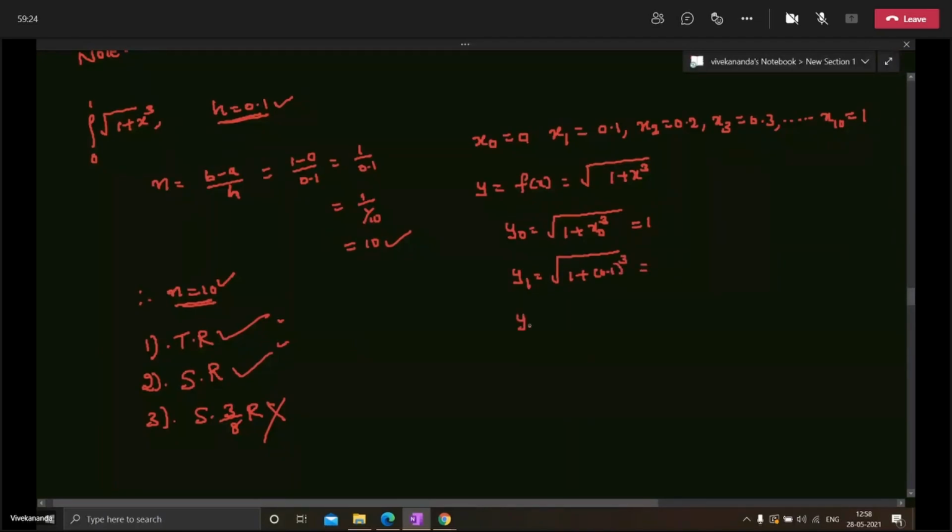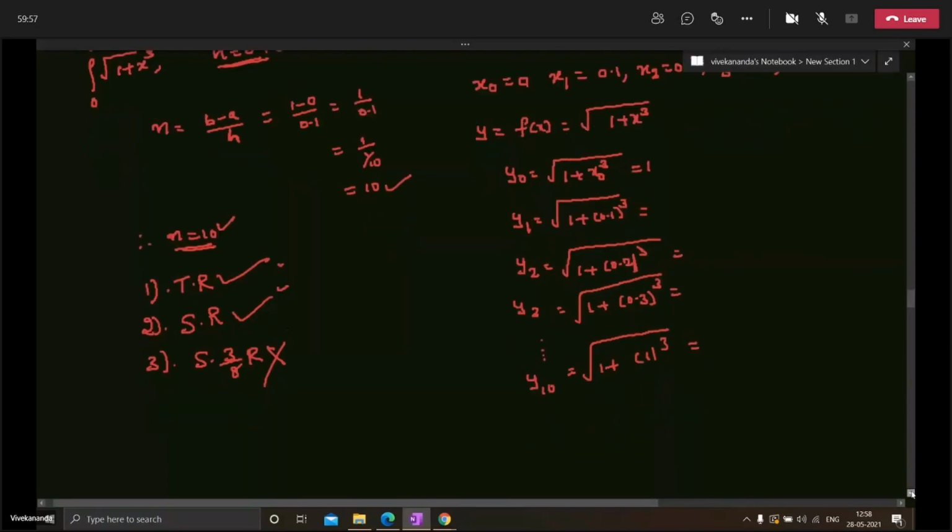And y2 is root of 1 plus 0.2 whole cube. y3 is 1 plus 0.3 whole cube under root. Find out, and so on, up to y10, which is 1 plus 1 whole cube under root. Find out all these values.